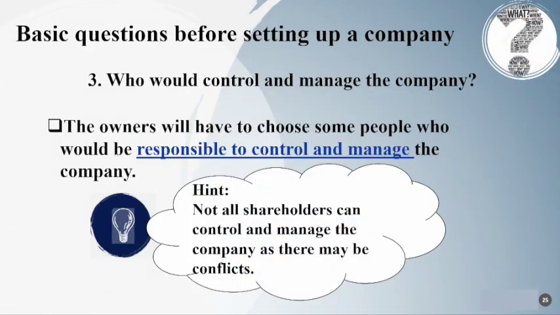The third question is: who would control and manage the company? The owners will have to choose some people who would be responsible to control and manage the company. A hint: not all shareholders can control and manage the company, as there may be conflicts.